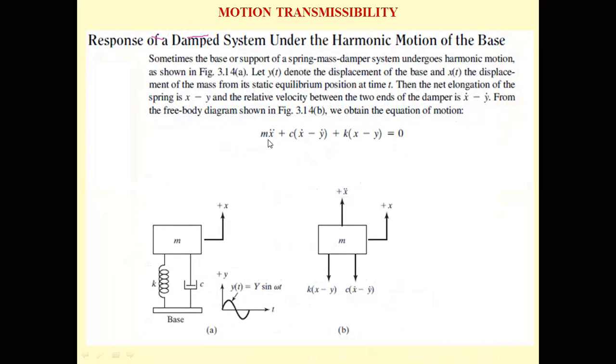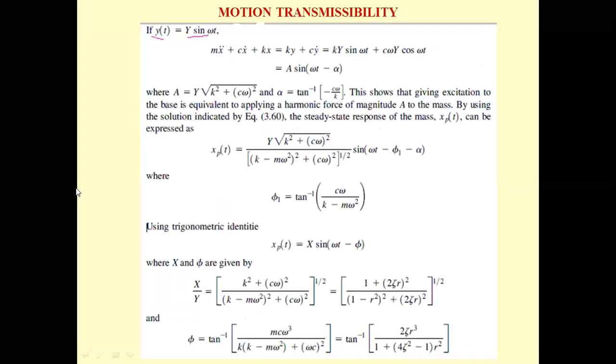So we get m x double dot plus c x dot plus k x is equal to k y plus c y dot. After simplification, the left hand side is m x double dot plus c x dot plus k x, and the right hand side is k y plus c y dot.